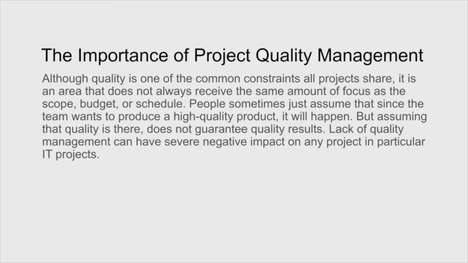So people sometimes just assume that since the team wants to produce a high quality project, it's going to happen. That's not the case. So we cannot assume that quality happens by itself. So we really need quality management in place in order to cut off any problems, to reduce any potential negative impacts, and to maximize the chance of success.